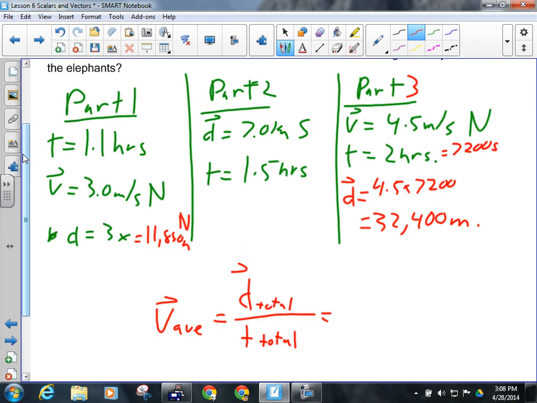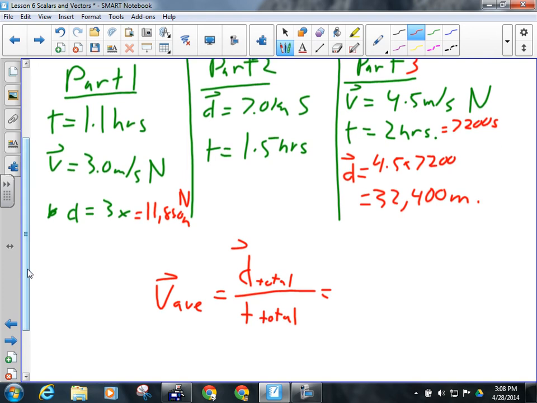So I can go 1.1 hours, 1.5 hours, and 2 hours. That's no problem. So 4.6 hours is our total time. Is it okay that I have that in hours? I can have meters per hour for my units for velocity, or I can have kilometers per hour. It doesn't really matter.